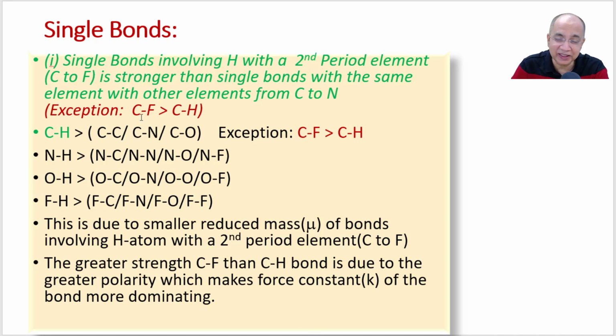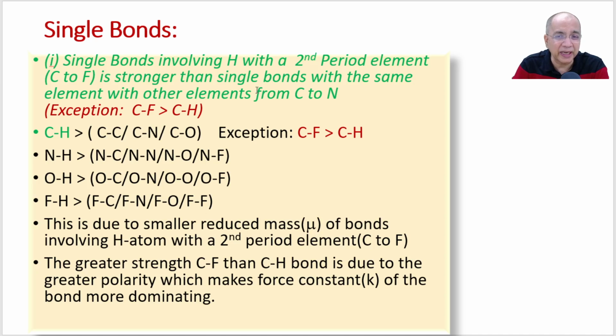The first point is that single bonds involving the small or the smallest hydrogen atom with a second period element from carbon to fluorine, because the covalent bonds are with the electronegative elements in the right portion, the P block, carbon to fluorine, which are also small, are stronger than single bonds with the same fixed element and other elements from carbon to nitrogen.